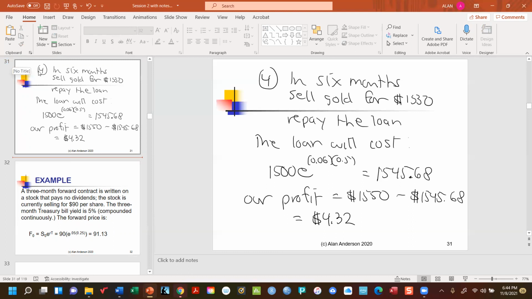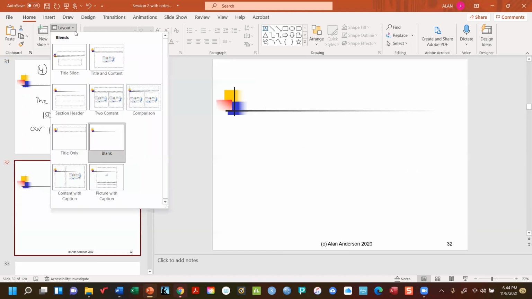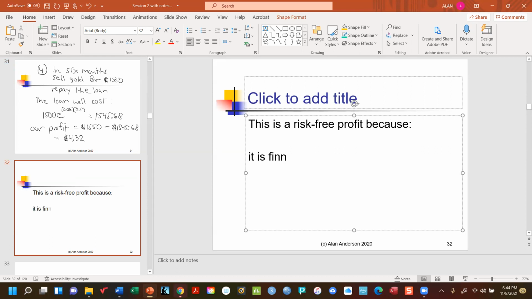Now, to summarize this a little, an arbitrage opportunity is a risk-free profit, because it is financed with borrowed money.